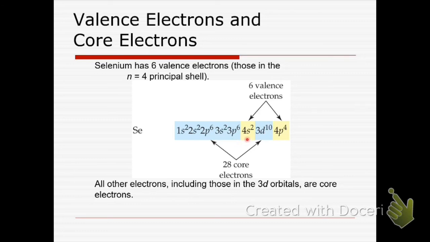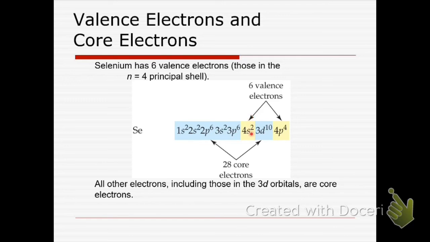Now be careful. We have the 4s2 separated by the 4p4 because the 3d10 are filling in there afterwards. But the 4s2 and the 4p4 are both groups of valence electrons because they are on the outermost shell.